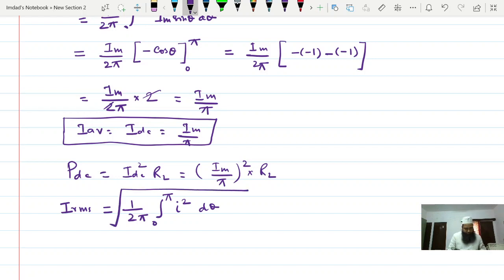This is called the root mean square value. We can write it like this: IRMS square equal to 1 upon 2 pi, integral 0 to pi, I square. We can put Im square sin square theta d theta.